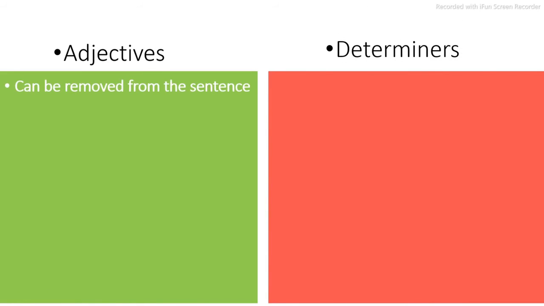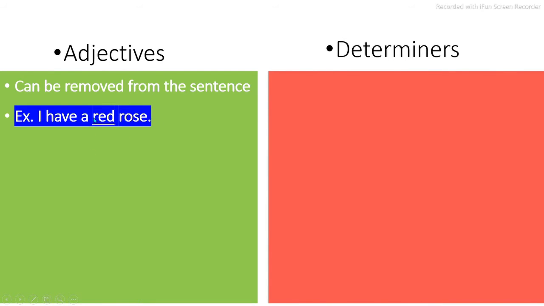The third difference is that when we talk about adjectives, they can sometimes be removed from the sentence, and it still does not create any misunderstanding regarding the meaning. For example, I have a red rose. Suppose I have used the adjective red for the noun rose.